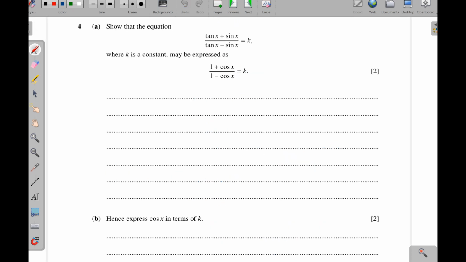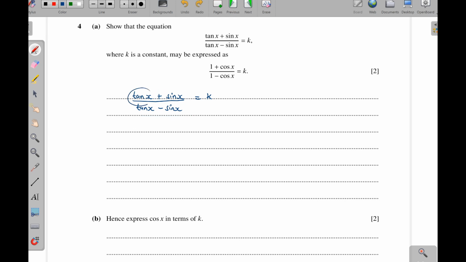Question 4, part A. Show that this equation, where k is a constant, may be expressed as this. Okay, so we have tan x plus sine x, divided by tan x minus sine x, and this is equal to k. Since this is still remaining as k, we are dealing with the left-hand side.